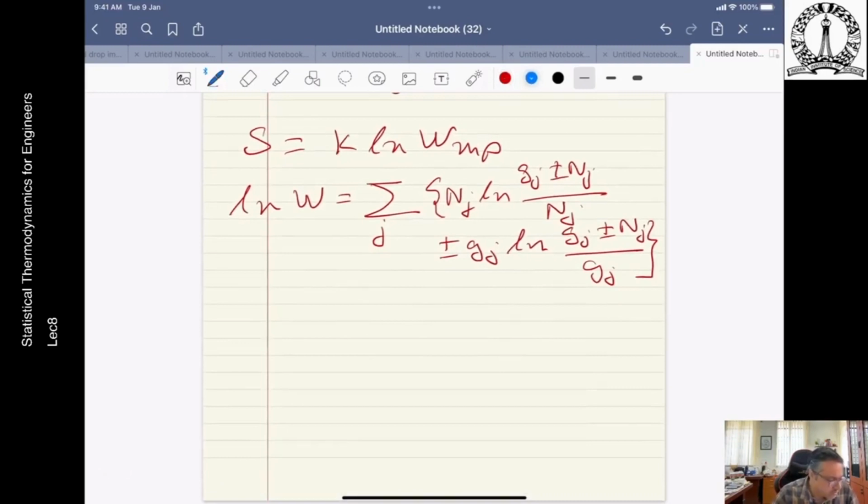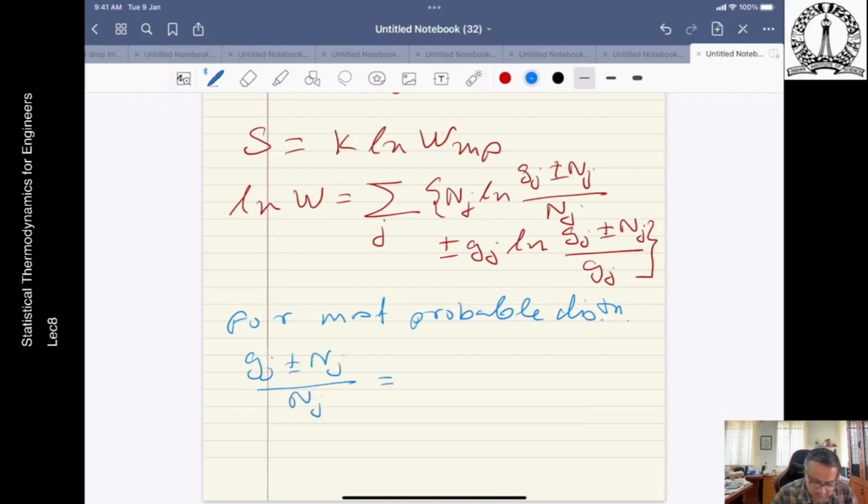Okay, so for the most probable distribution, (Gj ± Nj)/Nj, this we already know, is exponential of alpha plus beta Ej. Let's call this 1.